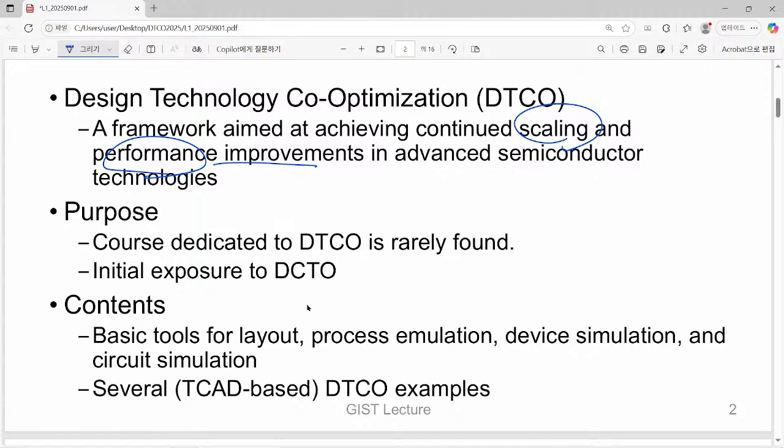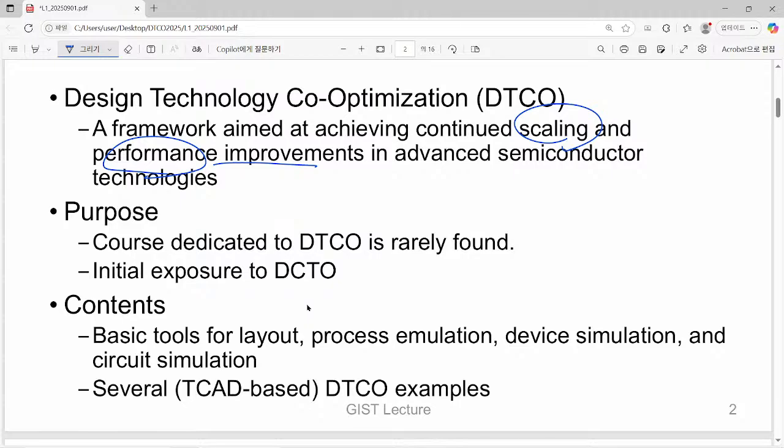However, it is very difficult to find any course dedicated to DTCO. I think there are several good reasons for this phenomenon, because DTCO is a very specialized skill to improve performance, so its detailed information is not disclosed to the public.